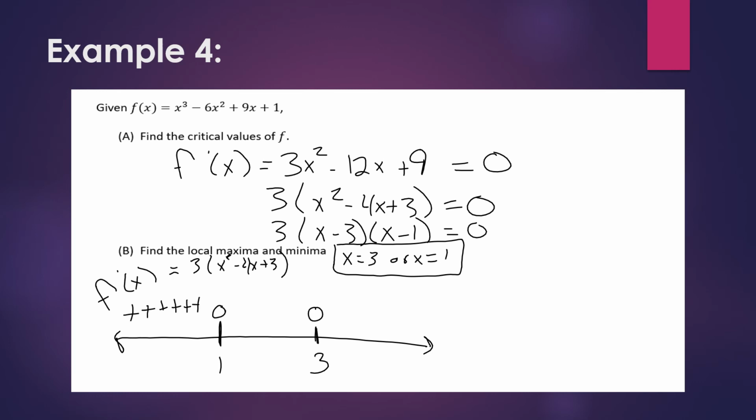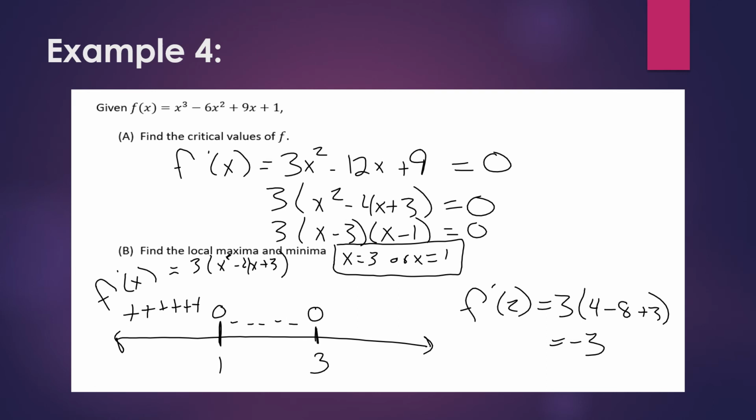If I plug in something between 1 and 3, like 2, let's see what happens. F prime of 2, I'm going to get 3 times 4 minus 8 plus 3. That should give me negative 3, so I'm negative. And then something bigger than 3, it's going to be positive.